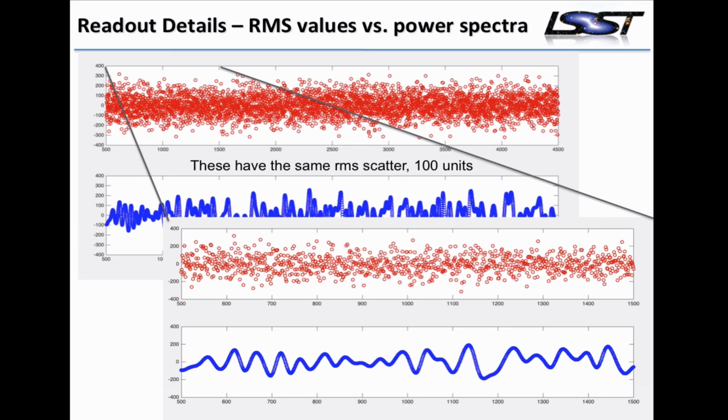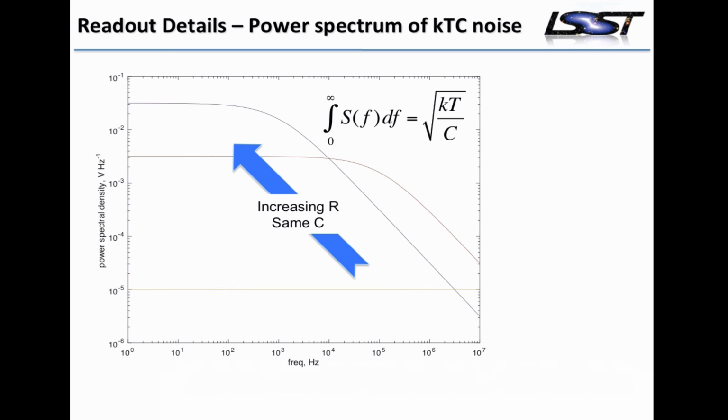It is the case that the output always has square root of kT over C of RMS voltage noise, but it's at very low frequencies. And so this is a plot of the power spectrum of the noise at the output stage as a function of changing the resistance. So if the resistance is really low, the power spectrum is low and this breakpoint is way over here somewhere.